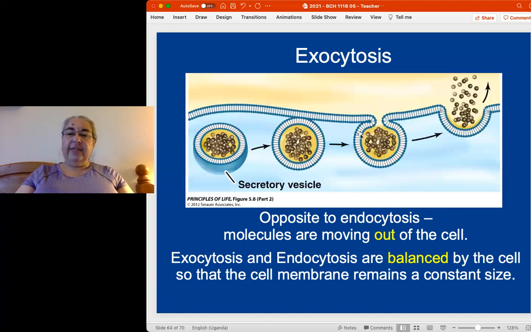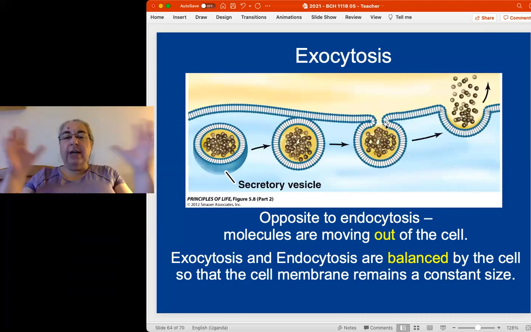So you'll realize that as it does this, it's adding more molecules to the number of molecules in the cell membrane. So if a lot of vesicles were moving and making contact with the cell membrane at the same time, the cell membrane would actually expand, it would get larger.